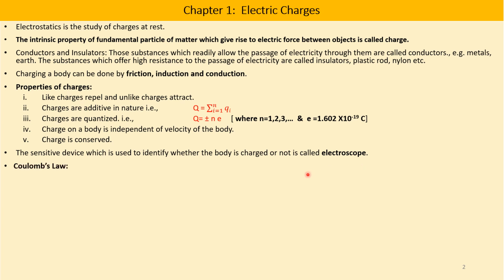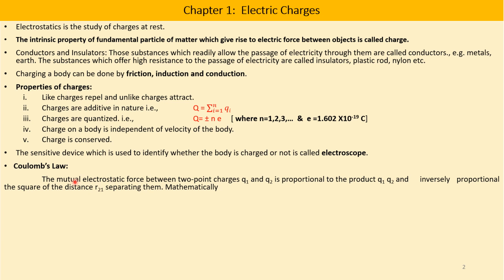Coulomb's law. Coulomb's law states that the electrostatic force of interaction or repulsion acting between two stationary point charges is given by the formula F is equal to 1 over 4 pi epsilon naught Q1 Q2 by r square.